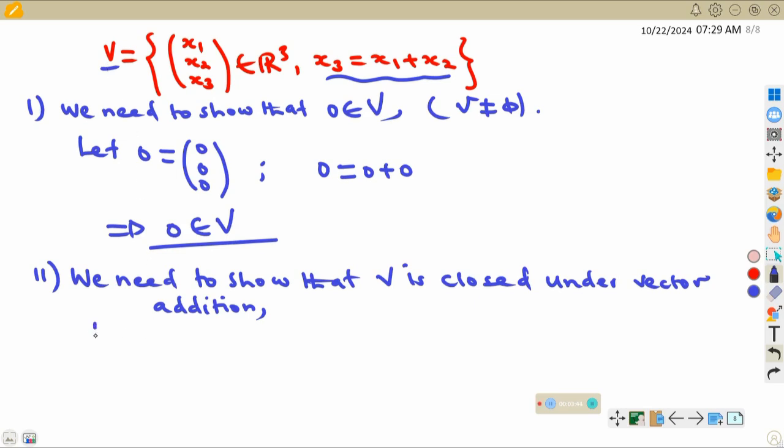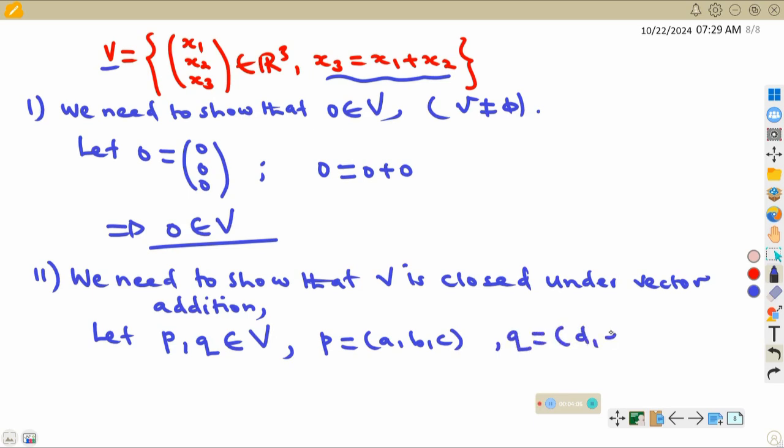So let us consider two vectors from V. For example, let P and Q be elements from V, where P is of the form A, B, and C. Then Q is of the form D, E, and F. So since P and Q are elements from V, it means they satisfy this given condition.